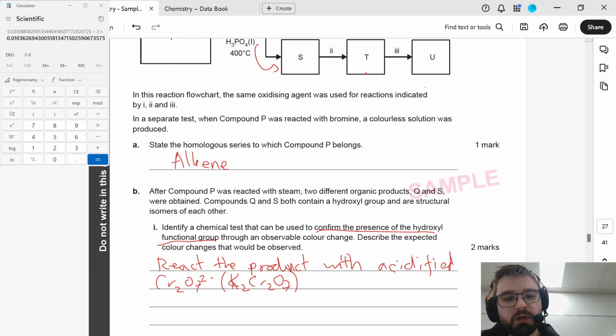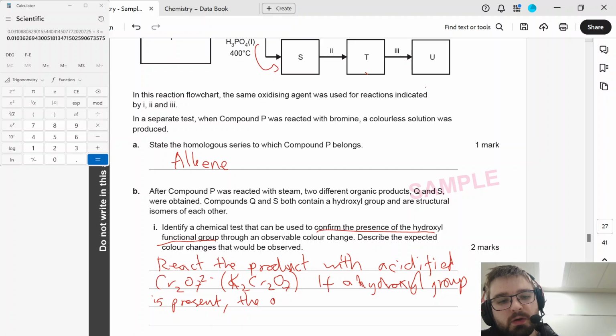With acidified dichromate, if an OH, I should say hydroxyl, to point out that it's not a carboxyl OH, is present, the orange will be reduced to green chromium 3+.